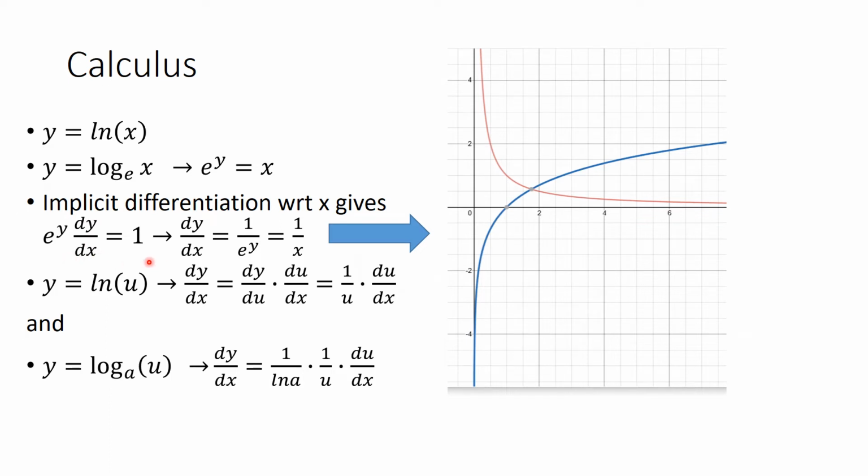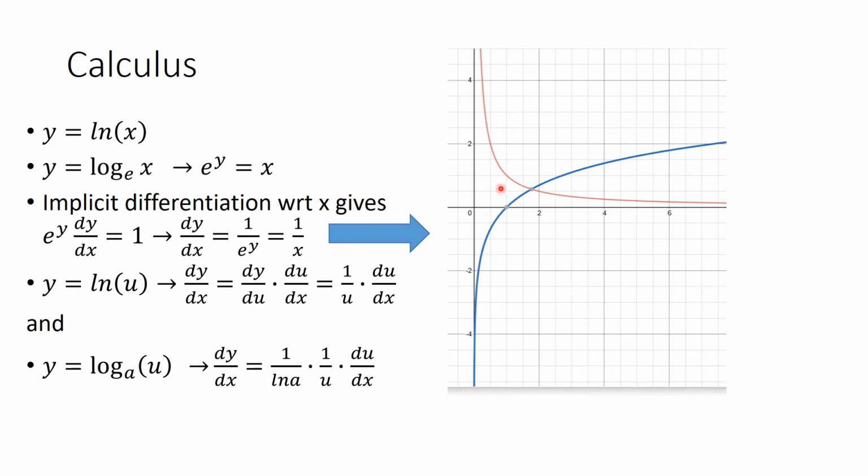Now we can divide both sides by e to the y, because e to the y is never 0. So we've solved for dy dx, and dy dx is equal to 1 over e to the y, and 1 over e to the y is equal to 1 over x.